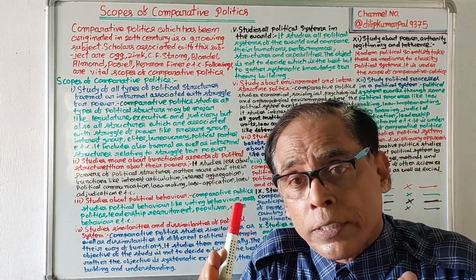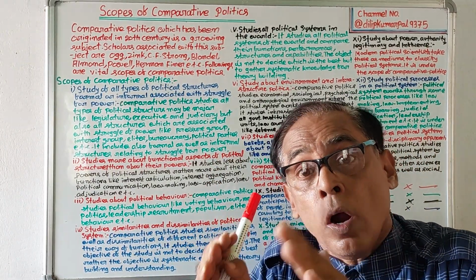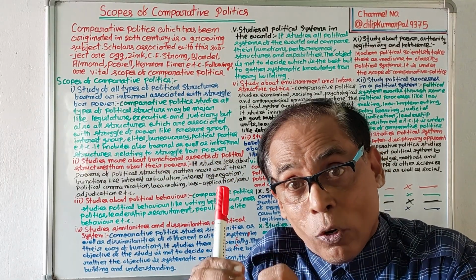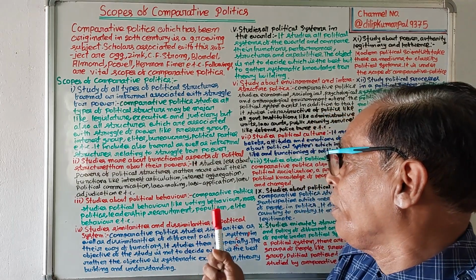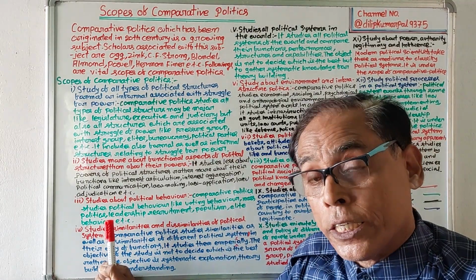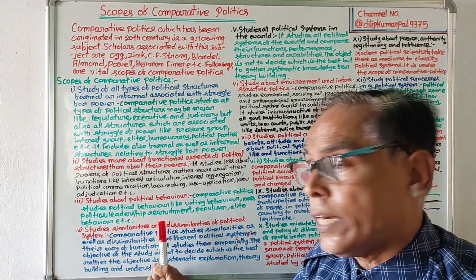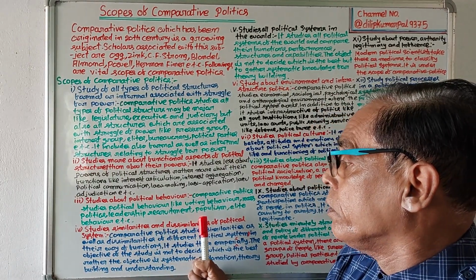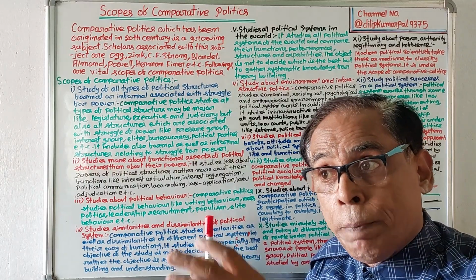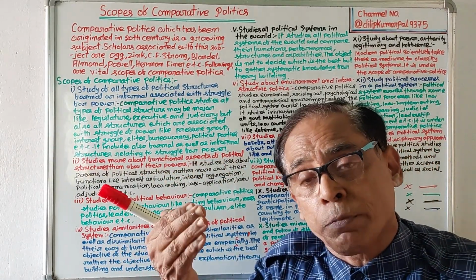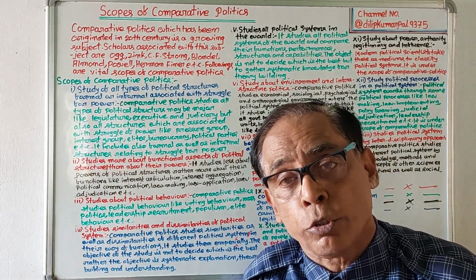Political behaviors include voting behavior, mass politics, politics of the people, leadership recruitment, how leaders are recruited, populism, policy by which people are attracted, and elite behaviors, the behaviors of the influential persons of society.